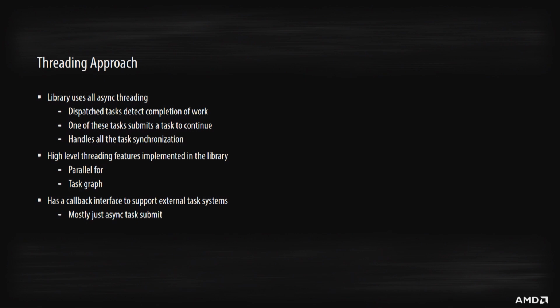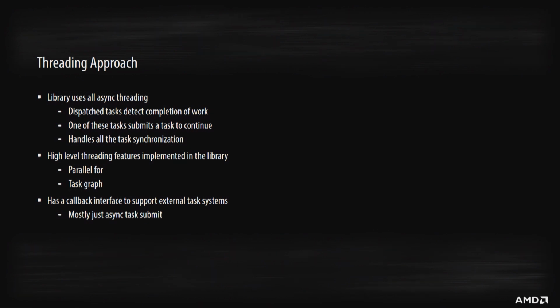We also, part of this was bringing high-level threading features into the library, things like parallel for and task graphs, which are sometimes part of external threading systems. We developed them within the library, and part of that was for customization because our task graph had some particular requirements for how we were doing the solver and the solver optimizations.